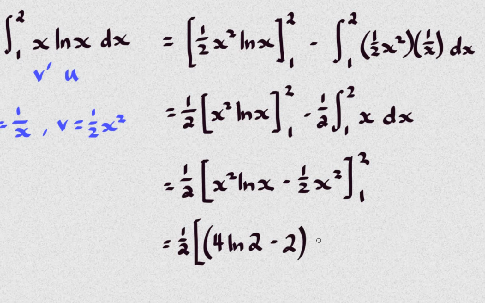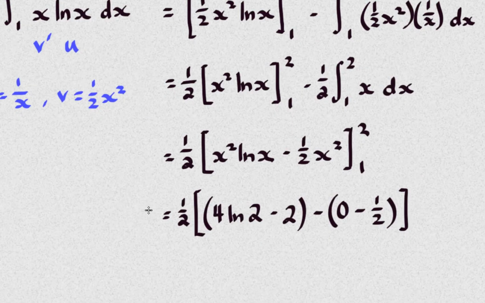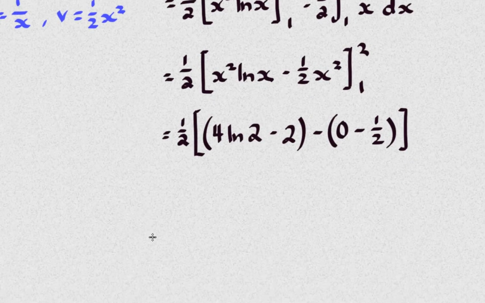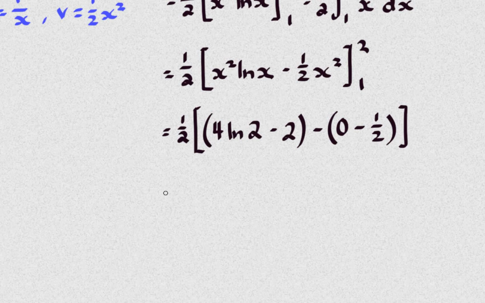Alrighty, and now we need to substitute in 1. So 1 squared is 1, and ln 1, well, that's just 0. Minus, and when we sub in 1 here, we get half times 1 squared, so just a half. We'll leave the half out the front for now. Let's focus on inside the brackets.